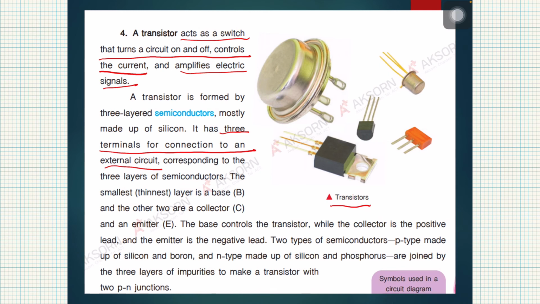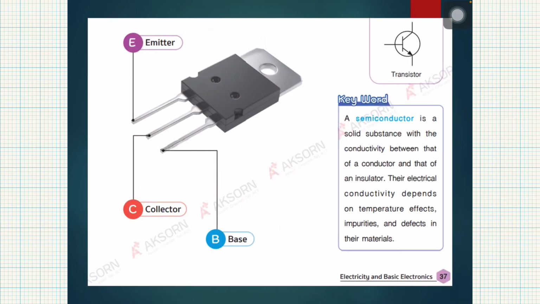The base controls the transistor, while the collector is the positive lead and the emitter is the negative lead. The two types of semiconductors, the p-type, made up of silicon and boron, and the n-type, made up of silicon and phosphorus, are joined by three layers of impurities to make a transistor with 2 p-n junctions.